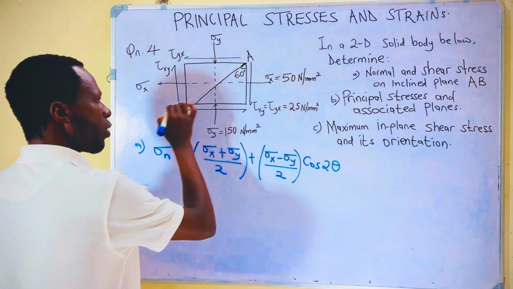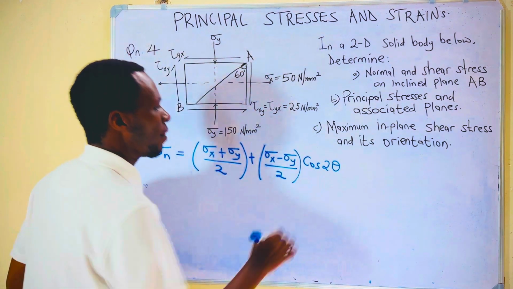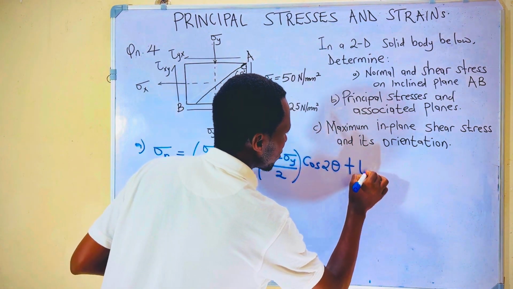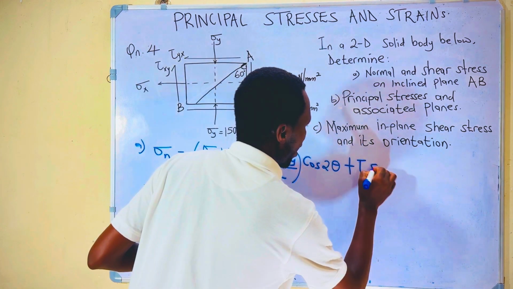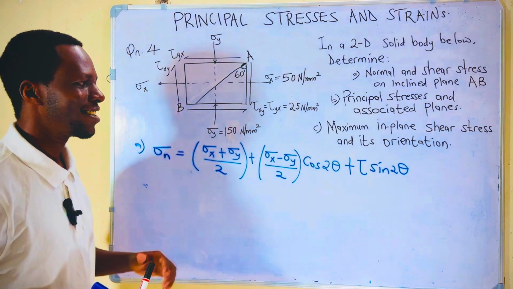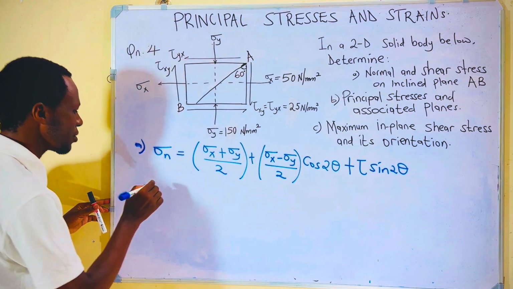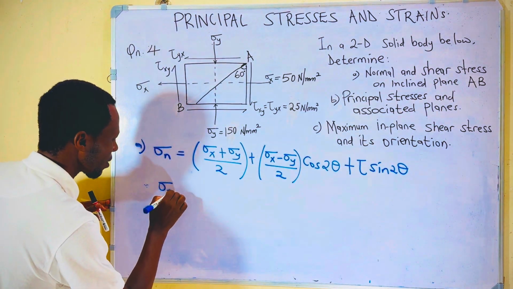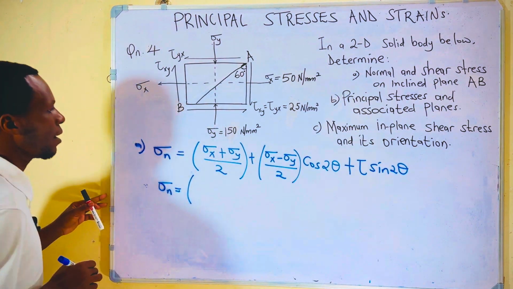And because we have also the component of shear, then this is plus tau sine of 2 theta. Well, this is what we have as the expression. So please, you have to learn this expression so that you can easily solve the question given.